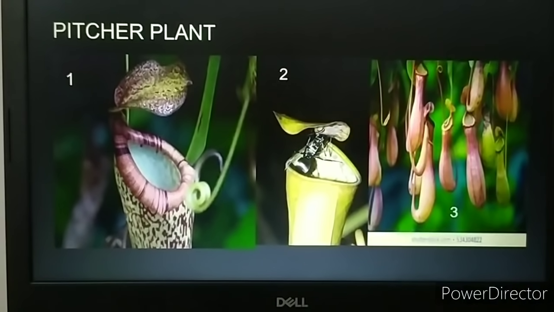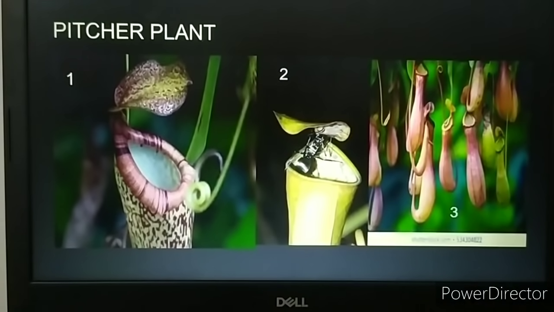The interior part of the petiole is coiled in the pitcher plant, like a tendril that holds the pitcher in an erect, that is straight, position. You can see that in figure number 3. The tendril is holding it in an erect, straight position.